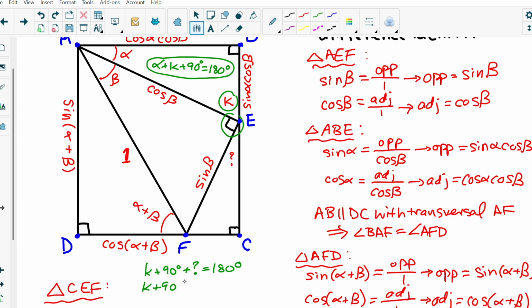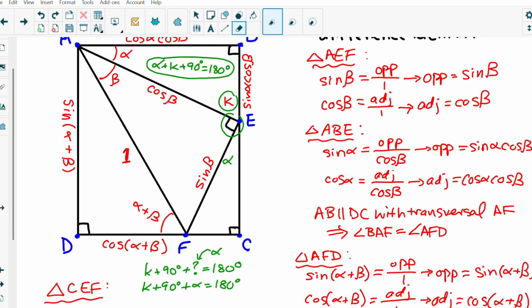So K plus 90 plus alpha equals 180 degrees. This question mark, because both equal 180 degrees, that has to be alpha. So that's why this angle is alpha. Okay? All right.